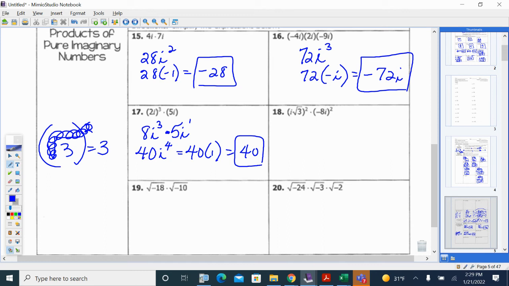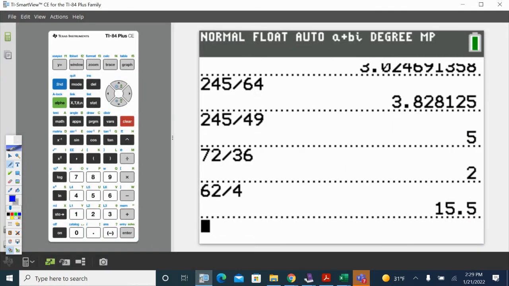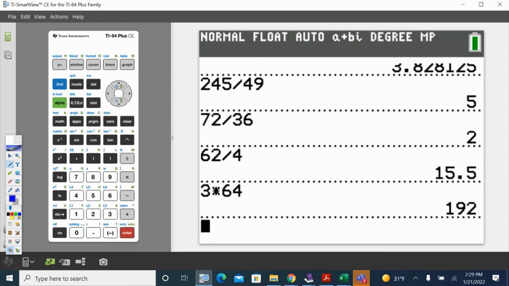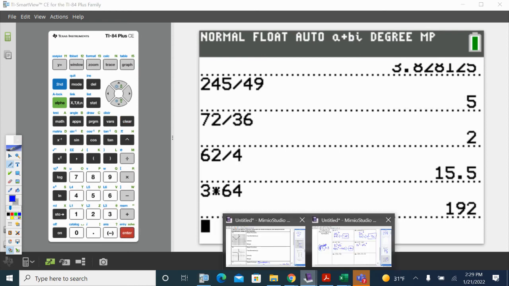So when you square a square root, they go away and you're just left with a number. So when I take i times the square root of 3 and I square it, I get 3i squared. I'm going to multiply that times when I square negative 8. Negative 8 times negative 8 is a positive 64i squared. Now I need to take 3 times 64. 3 times 64 is 192.